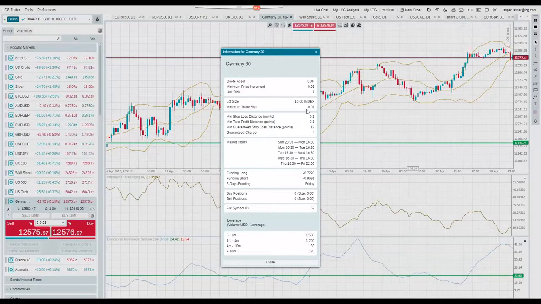So if the price at the moment is 12,500, then when you place a trade for one lot, the size of your trade is not 12,500, it's 125,000. It's an extra 10 times the price.